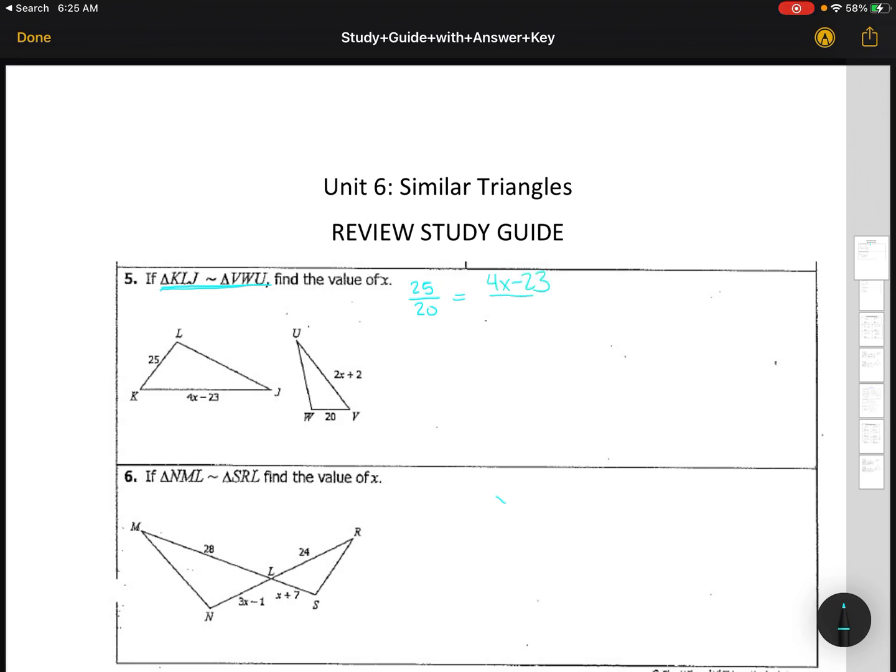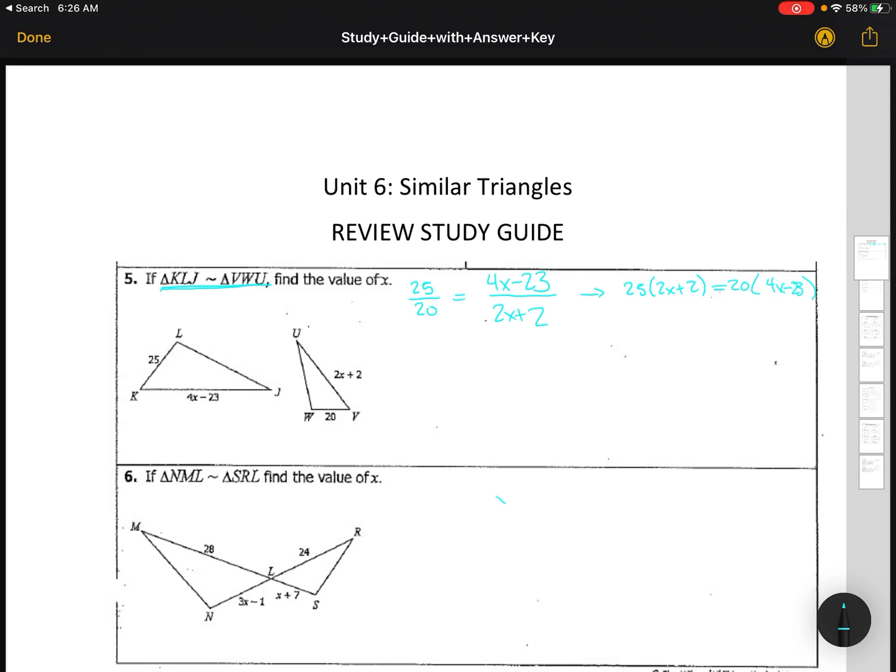So 4x minus 23 divided by 2x plus 2. And we can cross multiply. So we would get 25 times 2x plus 2 equals 20 times 4x minus 23.